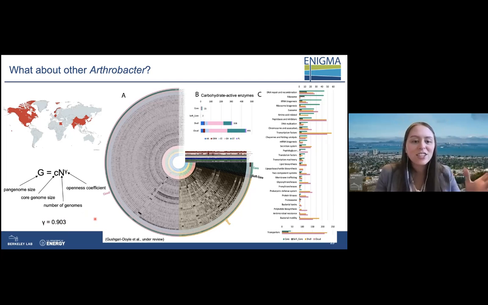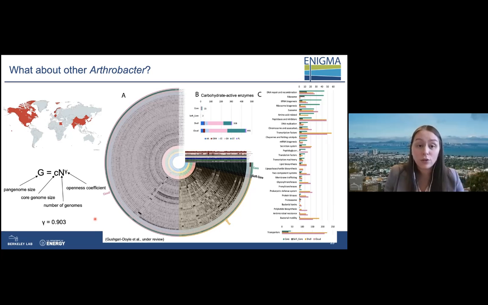And so in addition to looking at a pangenome, we can also think about other markers of this lifestyle of being able to adapt, right? And sorry, before I go on, I should also say that other folks who have been studying the adaptation of microorganisms to different environments or to a perturbation have identified this open genome as a signature of that.